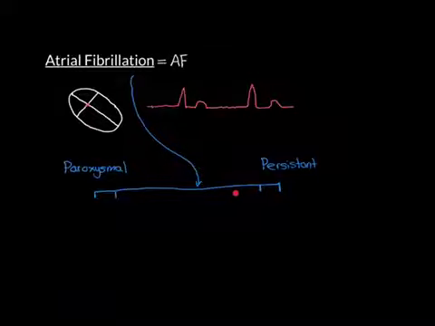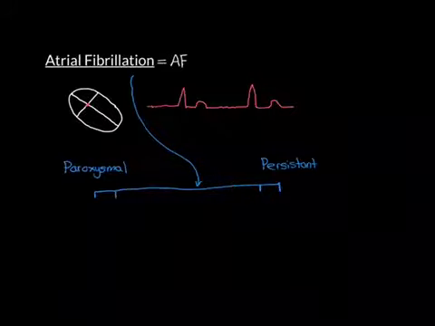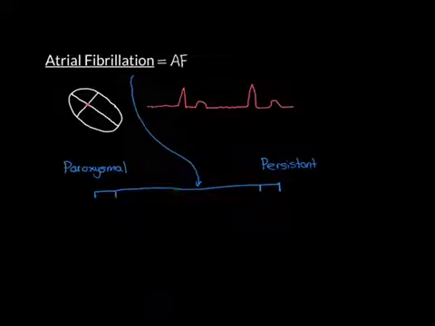Obviously the more they head over to this side of the spectrum, the more time they spend in atrial fibrillation and the less time in sinus rhythm. And the closer they are to this end of the spectrum, the more time they're in sinus rhythm and the less time in atrial fibrillation. In these people, you would not classify their atrial fibrillation as either paroxysmal or persistent. You would just call it atrial fibrillation.